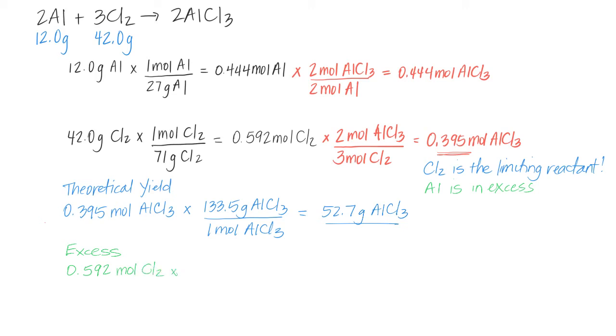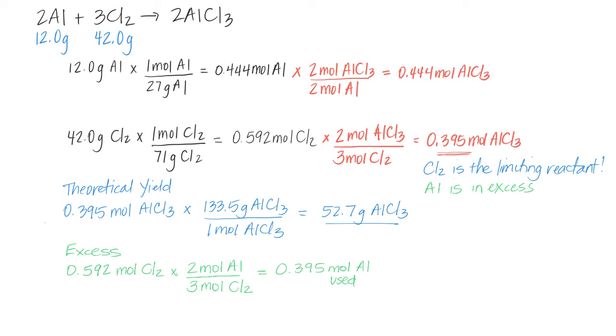Using the mole ratio, we can determine how many moles of aluminum were also used. We end up with 0.395 moles of aluminum used during the reaction.